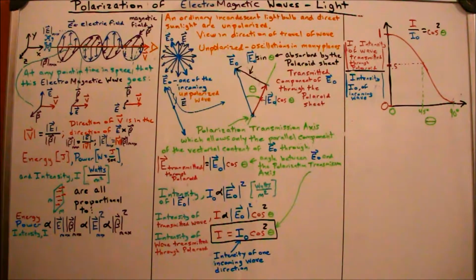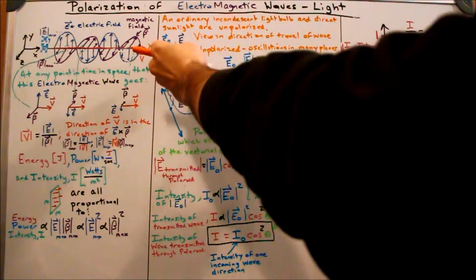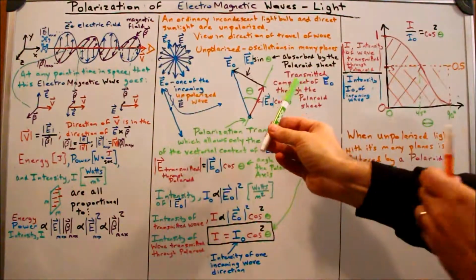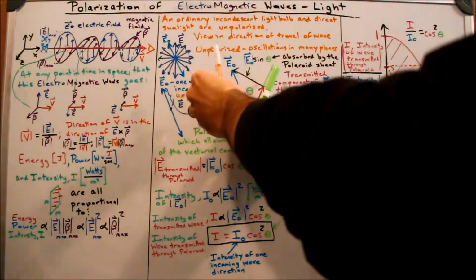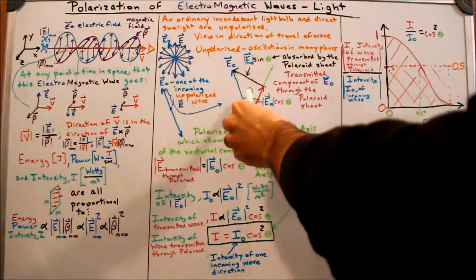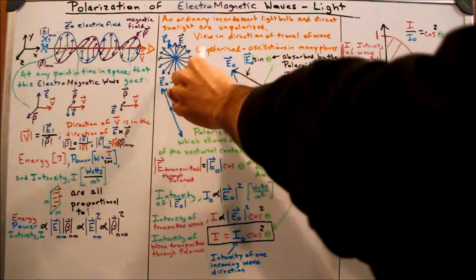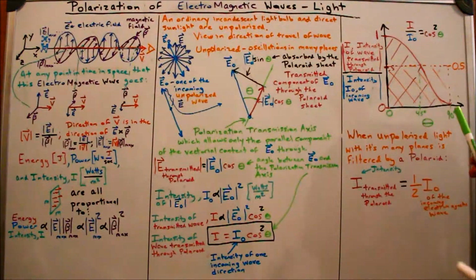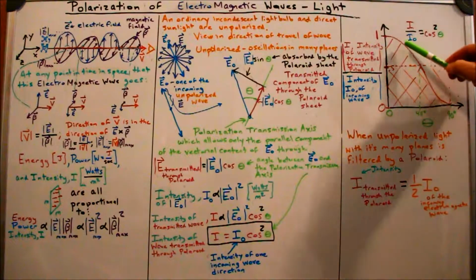What happens when an unpolarized electromagnetic wave approaches a single Polaroid sheet with a singular polarization transmission axis? Well, we know that there's going to be the entire spectrum of thetas ranging from 0 to 90. And they all have equal likelihood in this unpolarized oscillation plane. So essentially, all these conditions of theta exist.